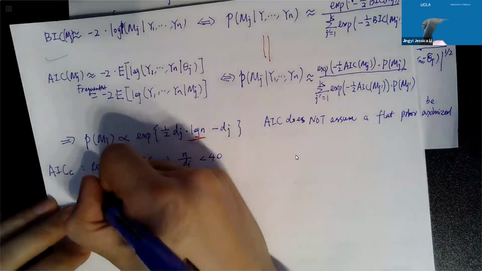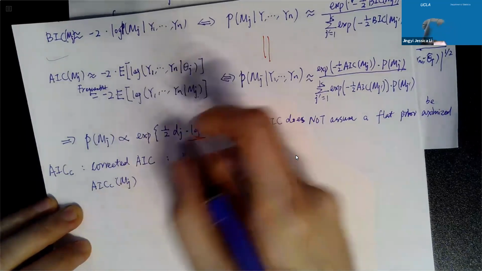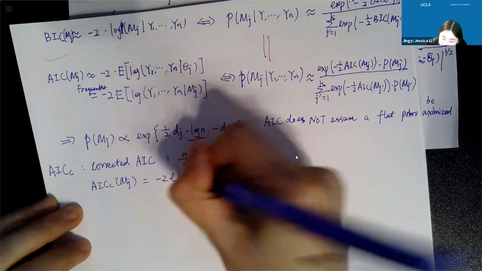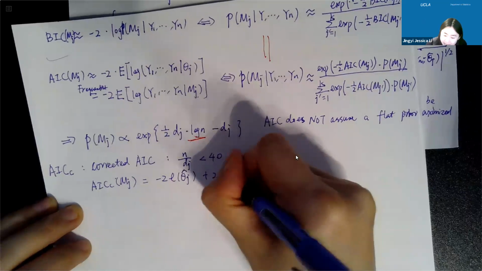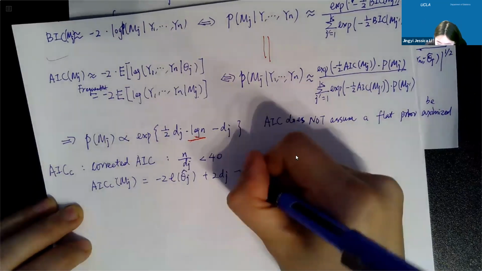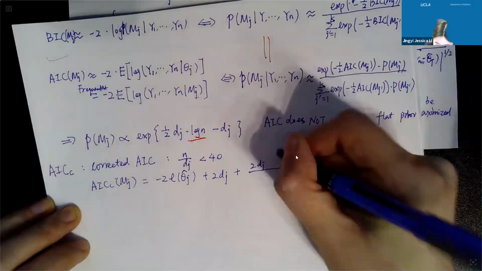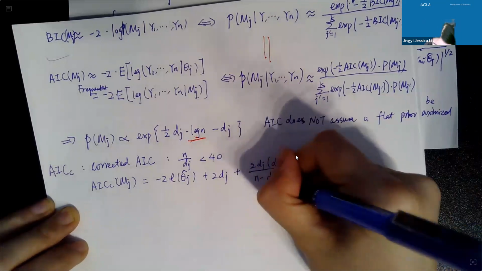Let me just write it down. AICc for model MJ is -2 times the log likelihood at the MLE as always, plus 2 times dj as in AIC, with a third term, which is 2 times dj times (dj plus 1), over (n minus dj minus 1).